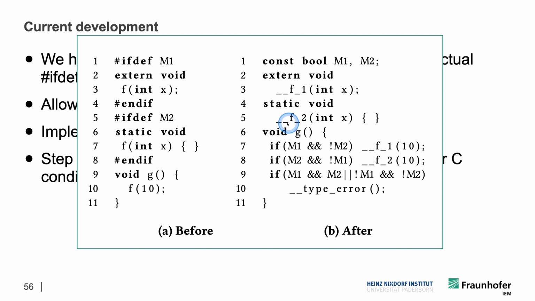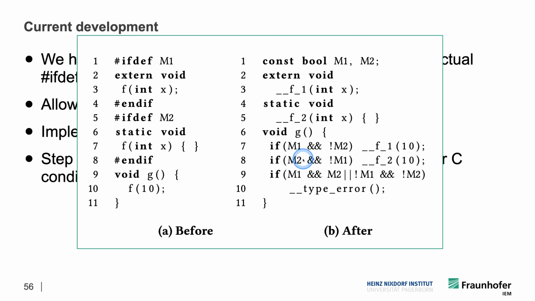And then here, where we have this call to F, we are basically generating this code here. So it's telling us if you have M1 enabled and not M2 enabled, then this call should go to F1, because in this case, this is the relevant function definition that is called here.